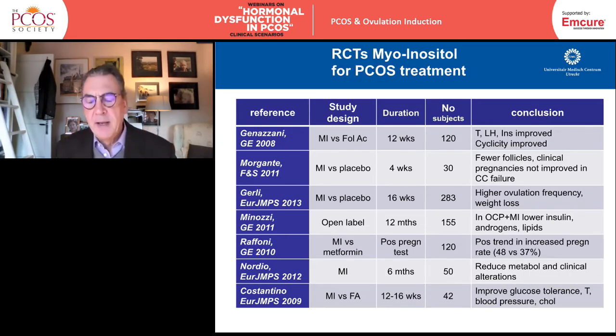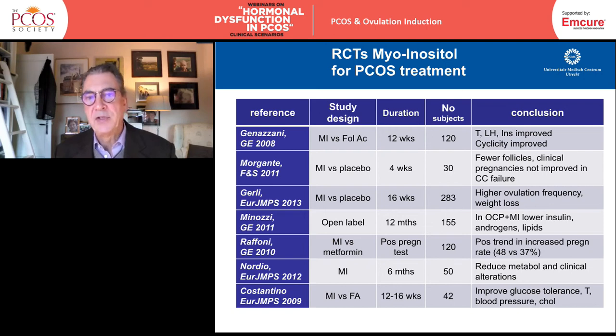Then, I was on a lecture tour in India, I think 1.5 years ago, and I found out that insulin sensitizers, especially myo-inositol, are being used a lot in India. I'm not sure whether it's still true today. There is some indication that it may be useful, but this is a summary of the studies that I could find to back up the use of myo-inositol as ovulation induction.